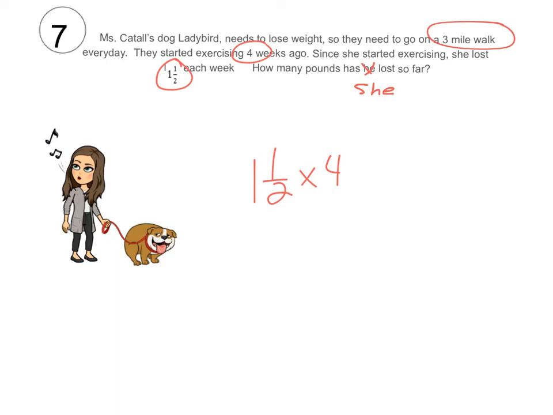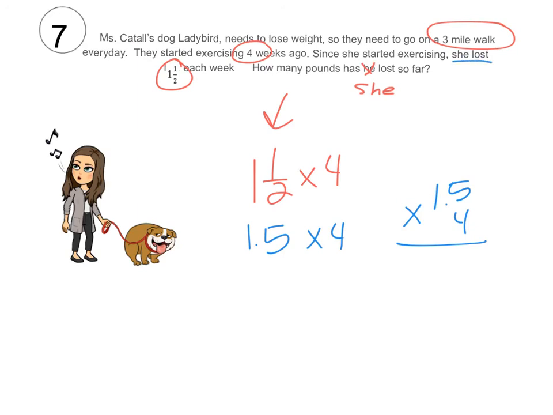So, a couple ways you could do this. I'm gonna just go ahead and change 1.5 into a decimal. You don't have to, you could do it as fractions. I just think it's easier because 1.5 is really just 1 5/10 times 4. Let me back up here. It says that she's losing weight, right?